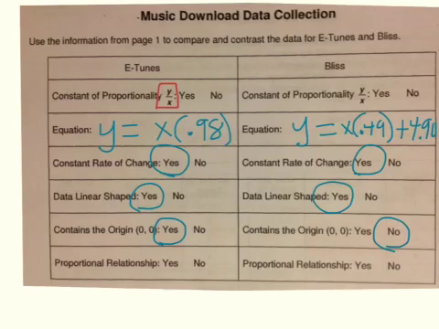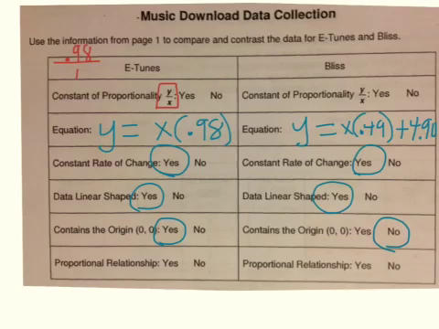So for eTunes, for the first row, the cost was 98 cents and x, number of songs, was 1. If you check that on your calculator, 0.98 divided by 1, you get 0.98.